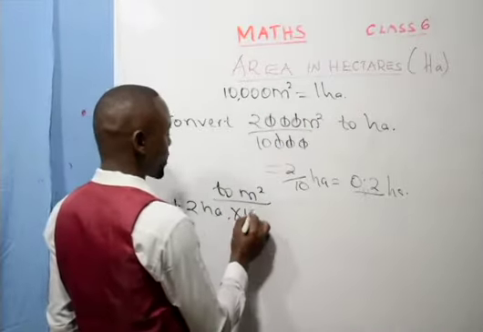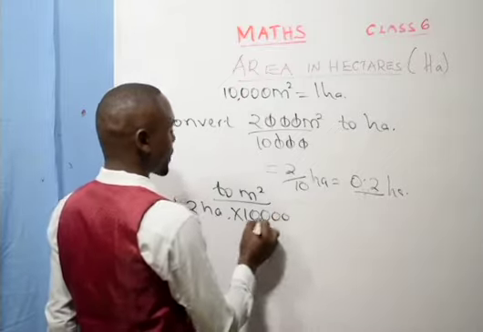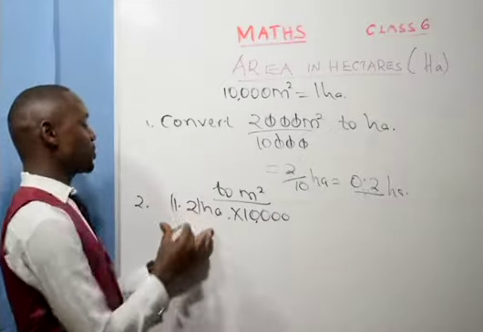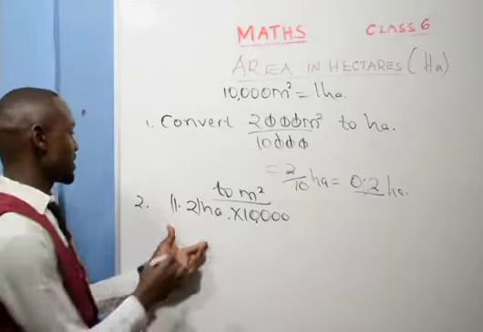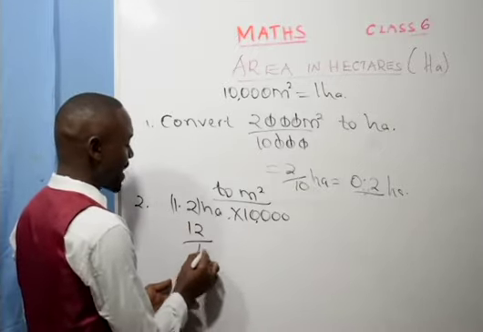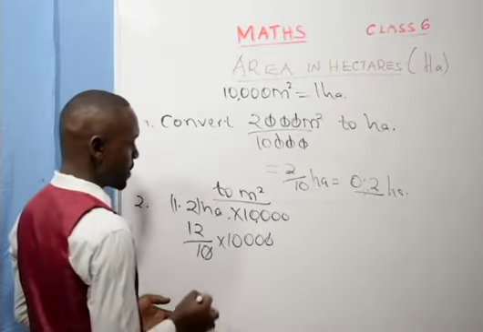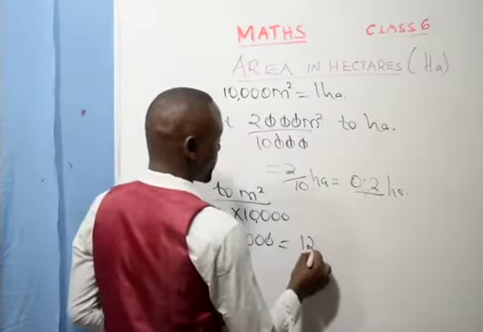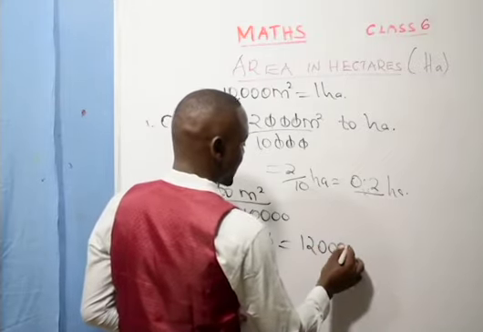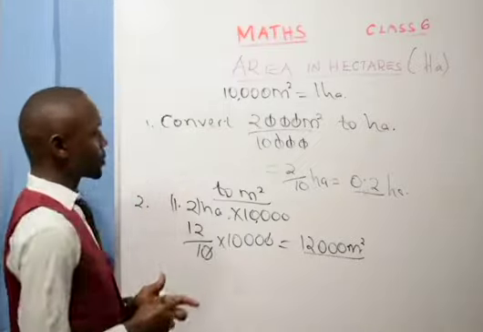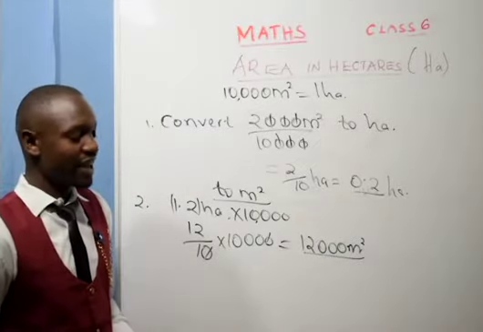Convert 1.2 to a fraction. We say that 1.2 is the same as 12 over 10 times 10,000. So the area will be 12,000 square meters. So that is how we give area in hectares.